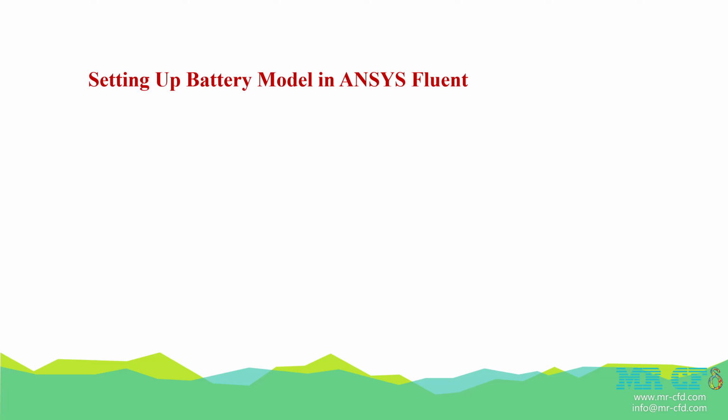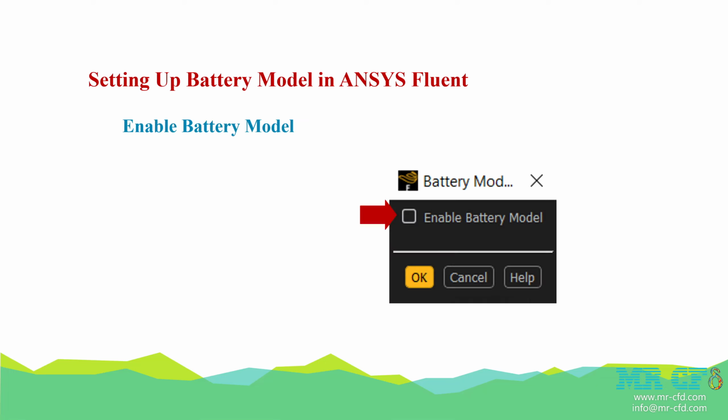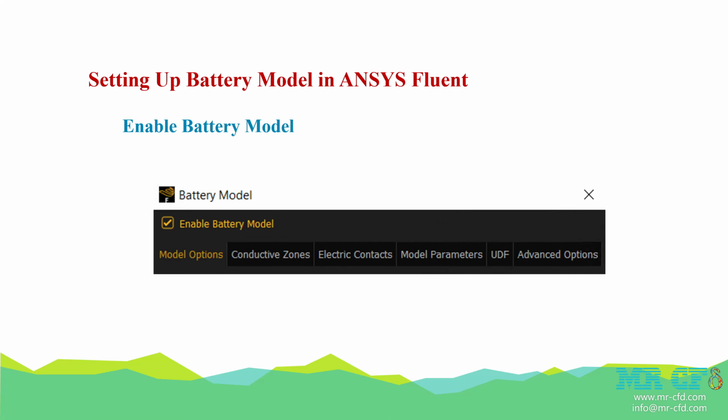After a comprehensive introduction to battery model concepts, we intend to discuss the battery model settings in ANSYS Fluent software. First, we turn on the Enable Battery Model option. There are several tabs available in the Battery Model Settings dialog box, including Model Options, Conductive Zones, Electric Contacts, Model Parameters, UDF, and Advanced Options.